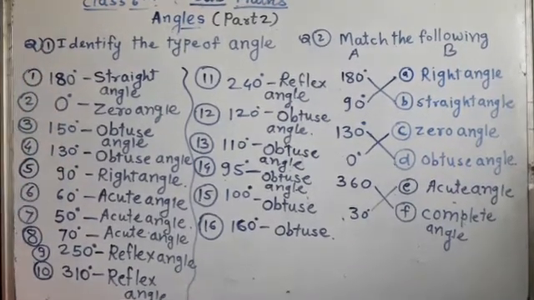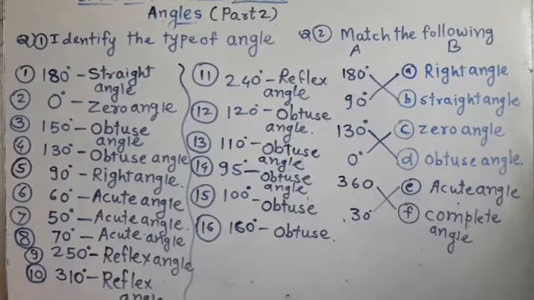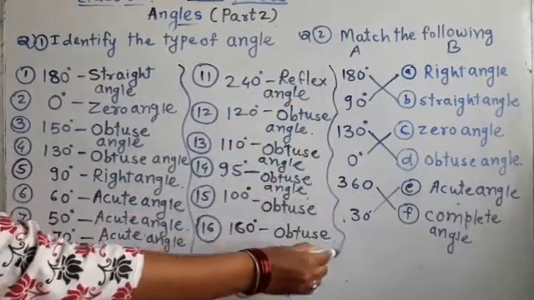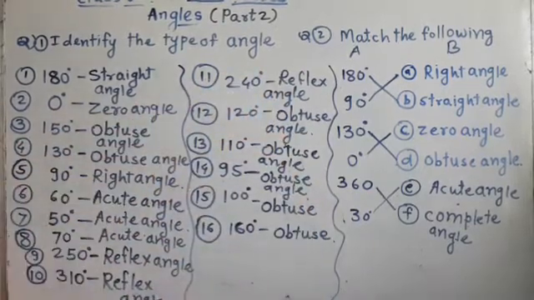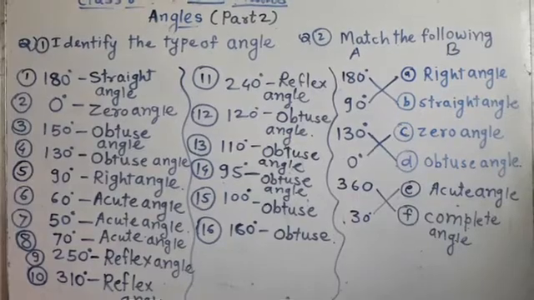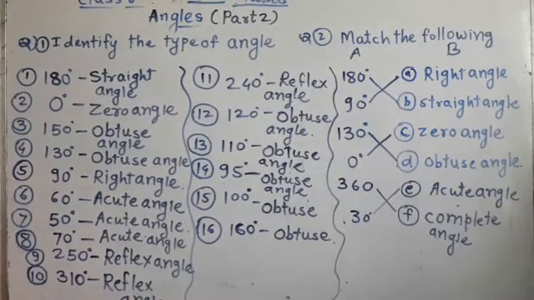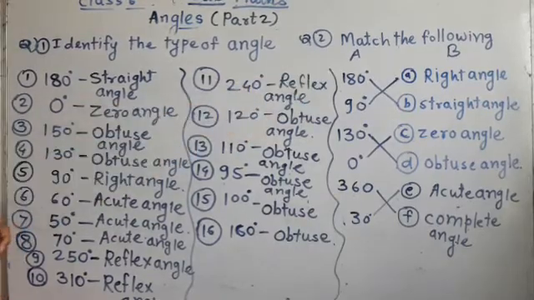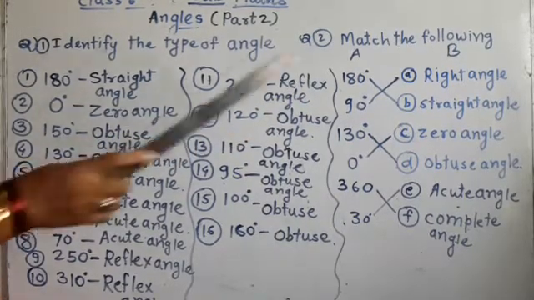Let us see the second question. Match the following. Here some measures of angles are given and we have to match all these measures with their names, types of angles. 180 degree, that angle is a straight angle.